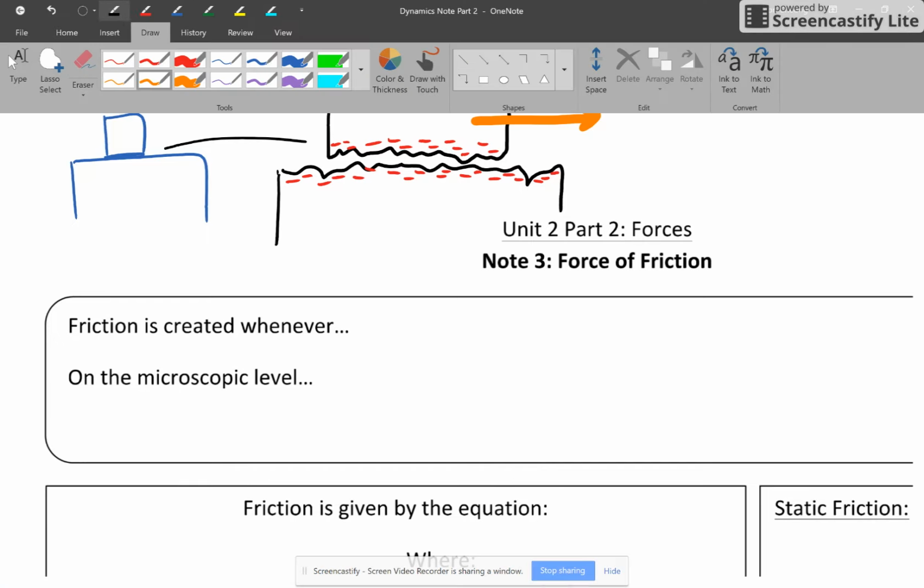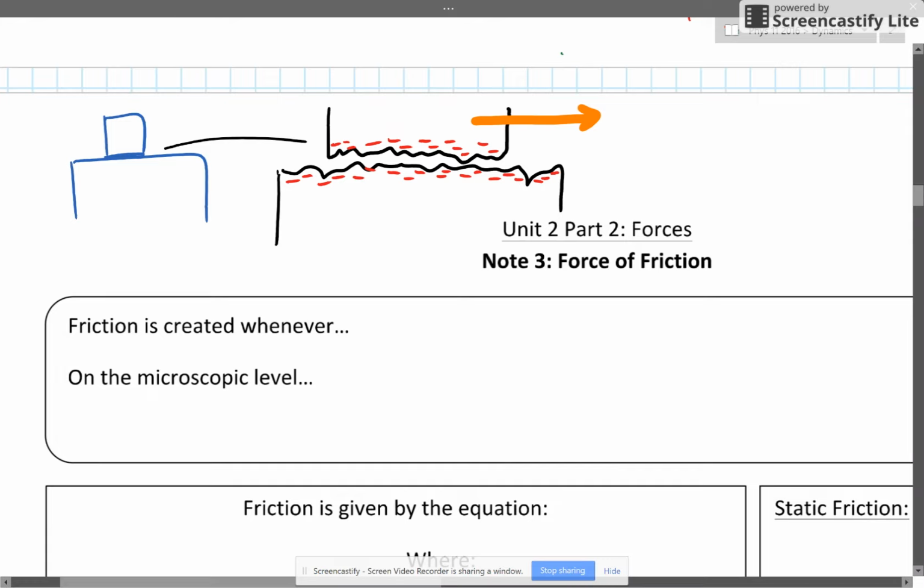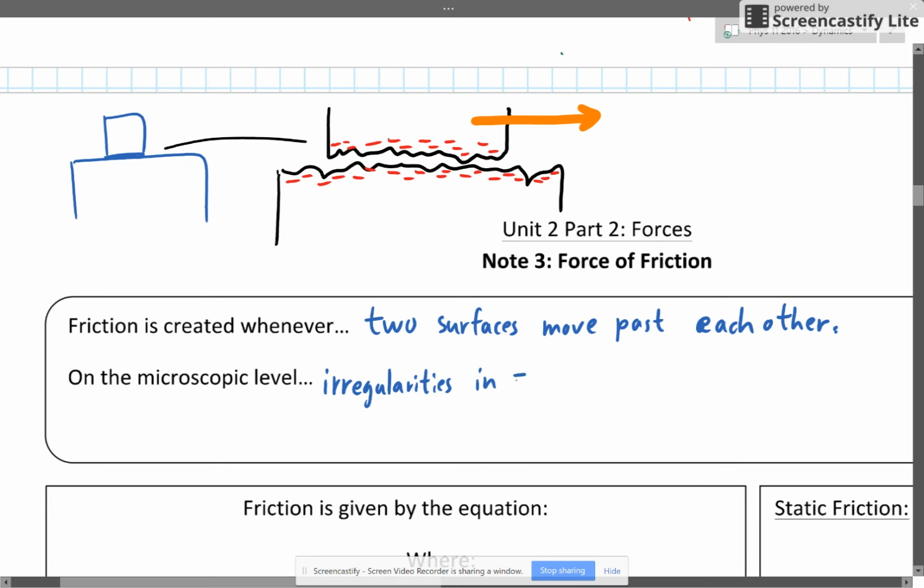Okay, now let's sum that up into a sentence or two. Surface friction is created whenever two surfaces move past one another. Okay, so move past each other. Now on the microscopic level, we are looking at irregularity in the two surfaces.